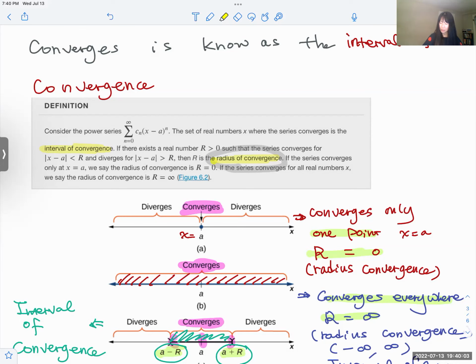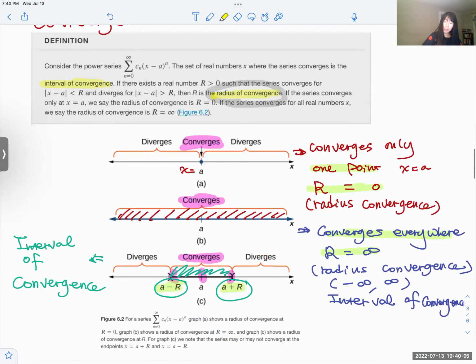So in this case, we have only one point of convergence, so the radius of convergence is 0, okay? Only one point, that's why it's 0. In the other case, the radius of convergence is everywhere. That's why we say infinity, right?